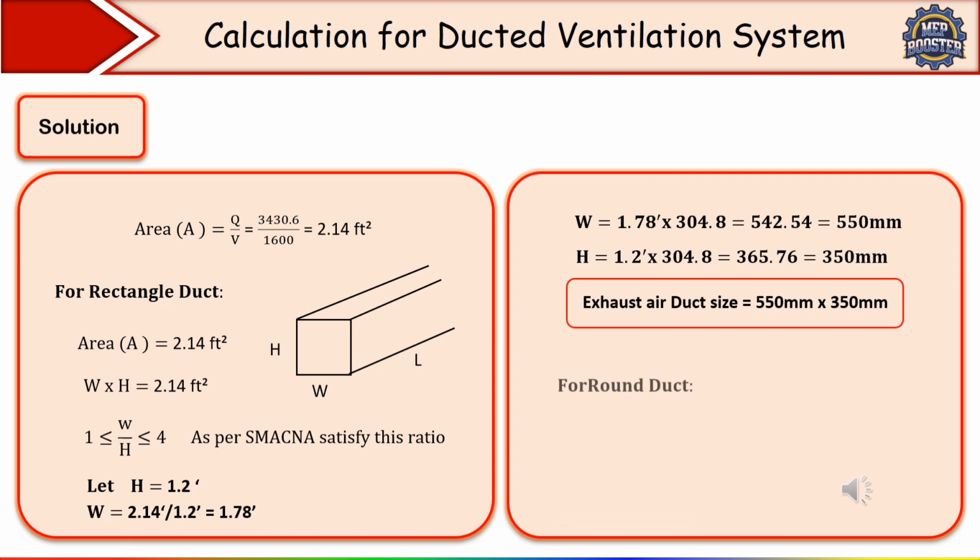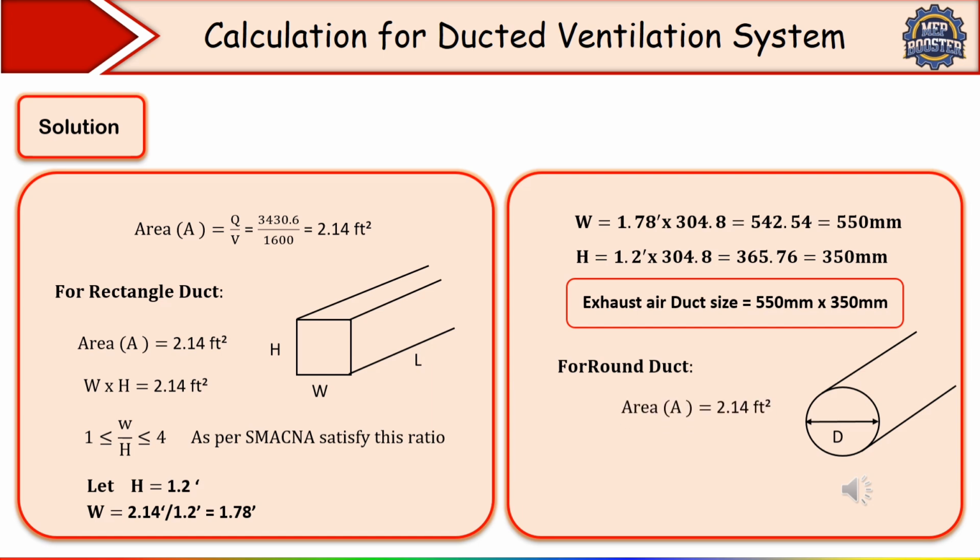Now suppose you are using a round duct. For a round duct, we have to calculate the diameter of the duct. So how to calculate the diameter? Simple. You know that the area we have calculated is 2.14 square feet. Area of a circle is what? Pi by 4 d square. Simple.